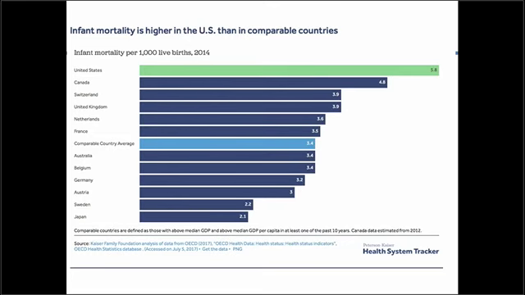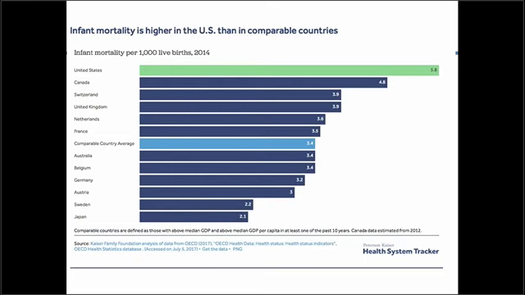And so what we can see here, and we can do an interpretation of this, is that the United States is at the top. In 2014, there were 5.8 cases of infant mortality, so children dying under the age of 1, per every 1,000 live births. When we compare that overall to those other countries, we're doing the worst compared to those similar countries.